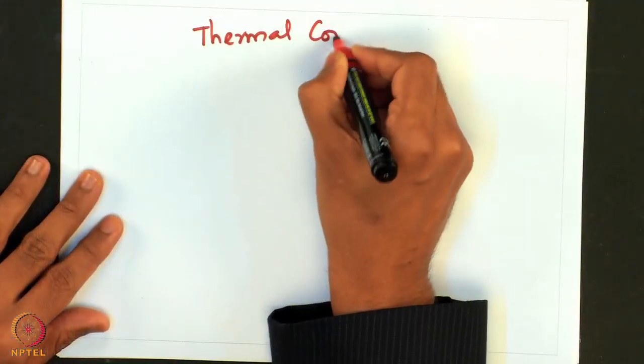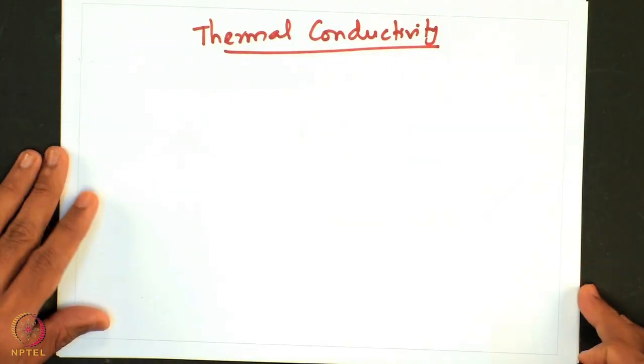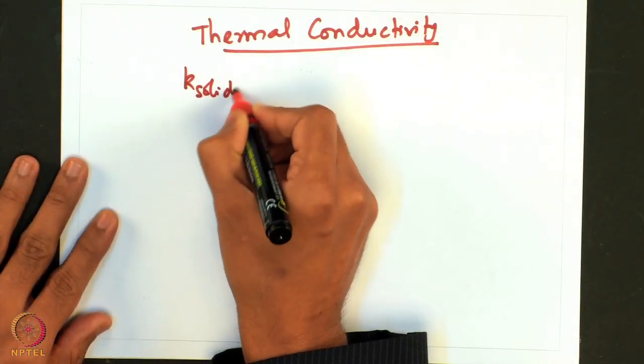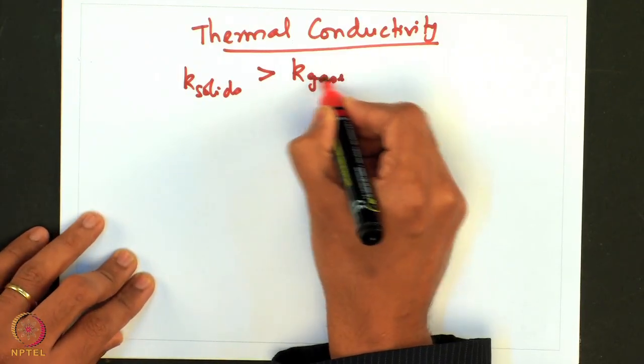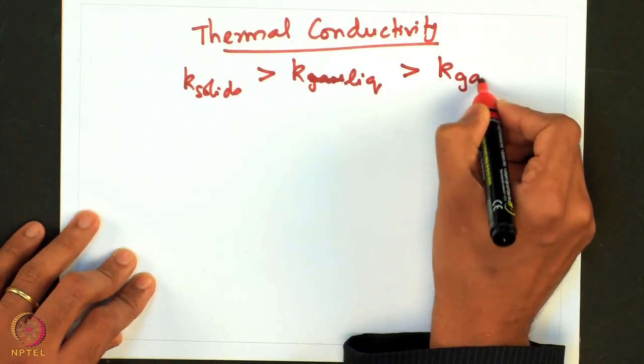Let us look at what thermal conductivity is. Thermal conductivity is a property which captures the ability of the system to conduct heat. The thermal conductivity of solids is typically greater than that of liquids, which is typically greater than that of gases.